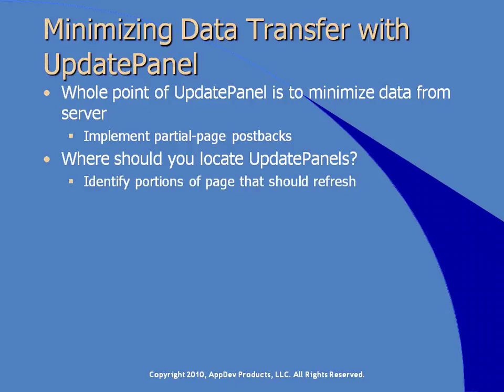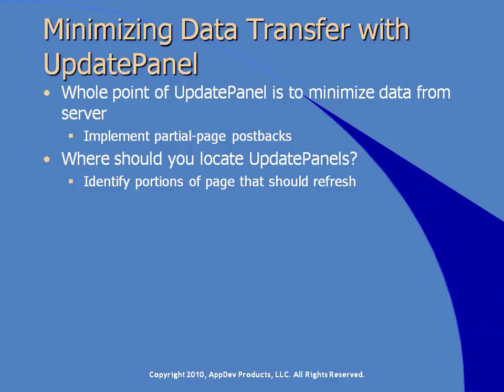In order to determine the optimal use of update panels on a page, you first need to identify the portions of the page that make sense to update in response to a user action. The goal here is to absolutely minimize the HTML returned. So if the contents of just one div tag need refreshing, wrap only that div tag in an update panel and leave outside the update panel all the other div tags and other content on the page.